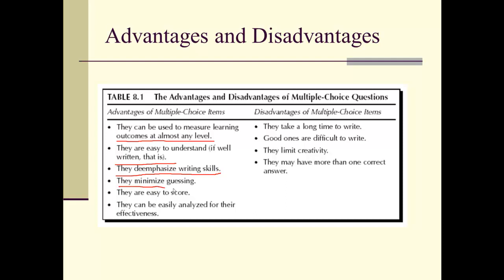They minimize some guessing. You have to know the answer in order to get it right. And obviously they are the easiest ones to score. And of course, as we're going to see, we can do some analysis on them to see if they do exactly what we've designed them to do.